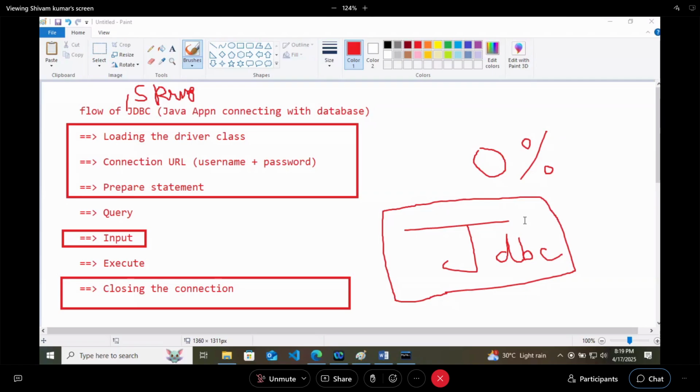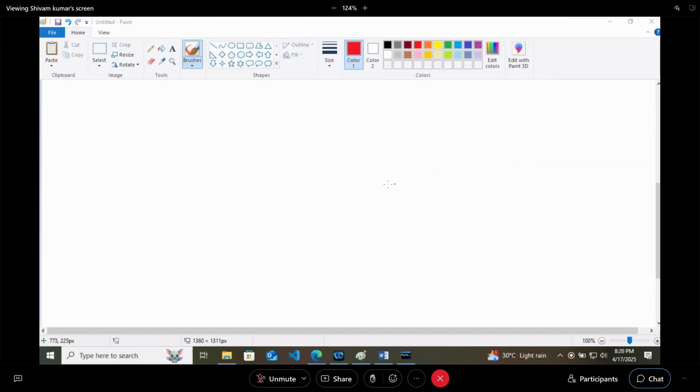Okay, no problem. If you don't know this, tomorrow we will take the session on JDBC because I don't want to give you a loose base in Spring. For that, JDBC is required, but we will be doing it with the MySQL database.